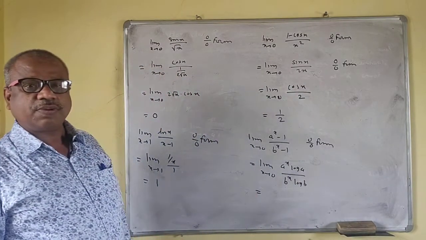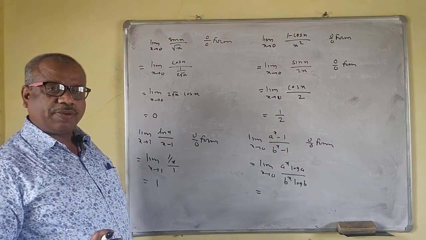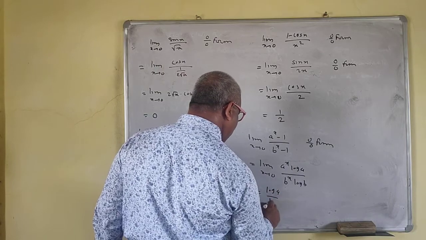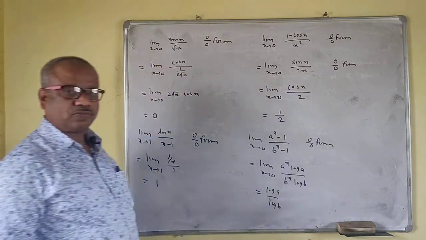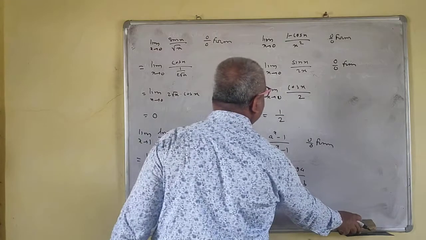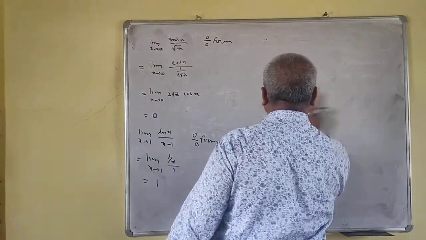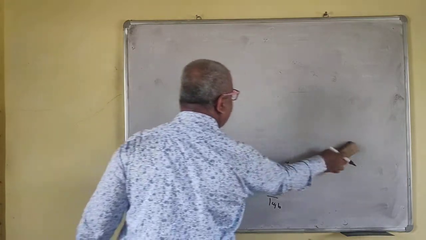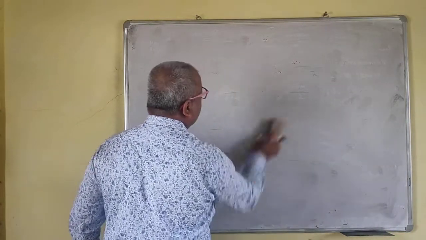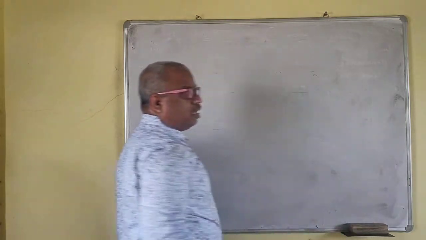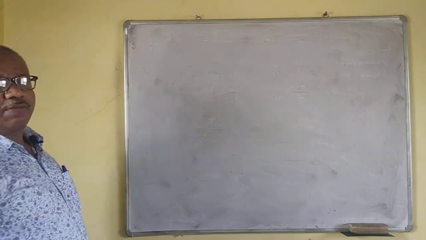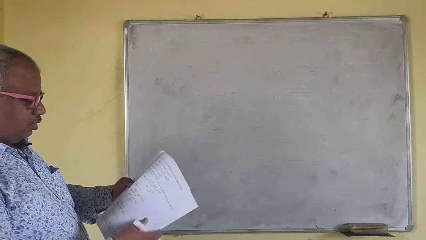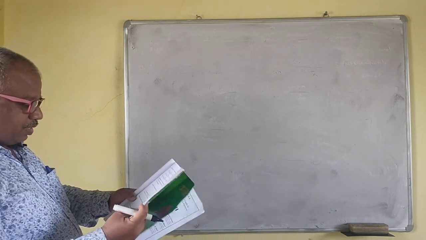Now this is not 0 by 0 form, so directly we can put x equal to 0. So this is log a upon log b. Very simple examples. Easily you can evaluate the limit with the help of L'Hospital rule. For your CET exam also you can apply this L'Hospital rule to evaluate limits. We'll take more examples.